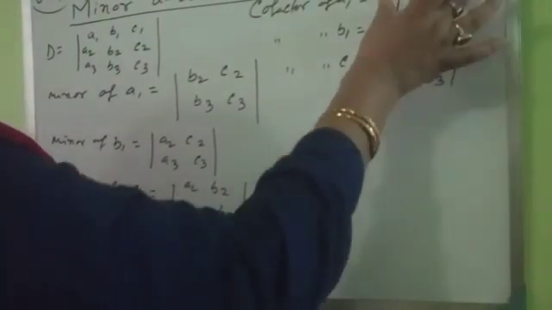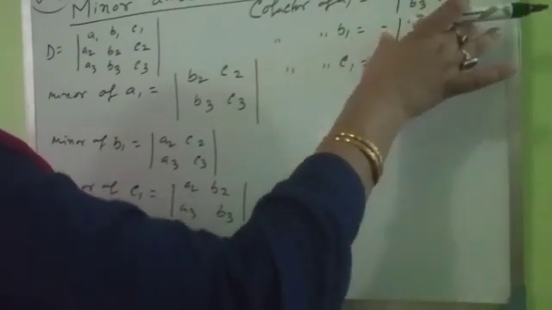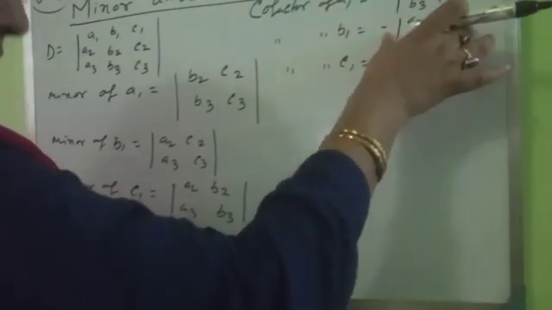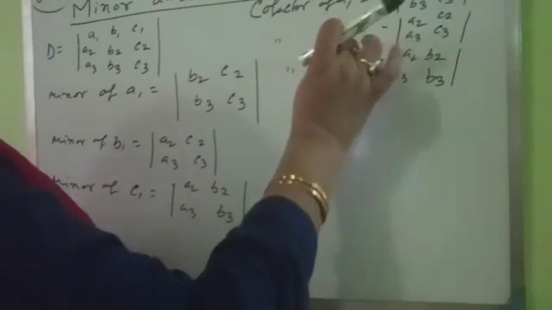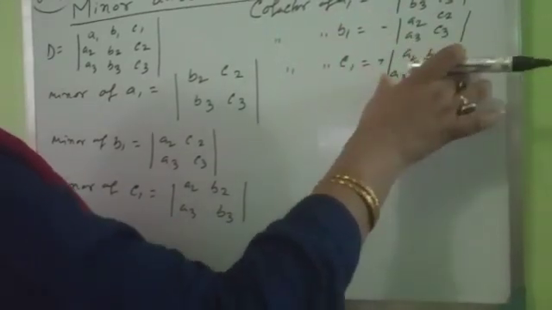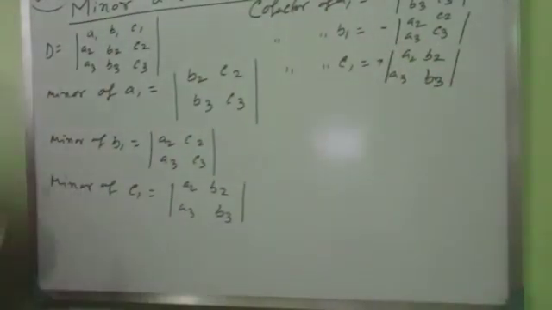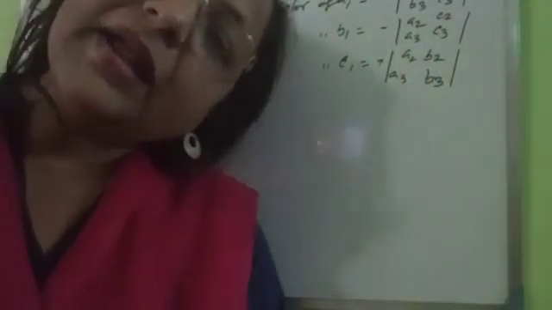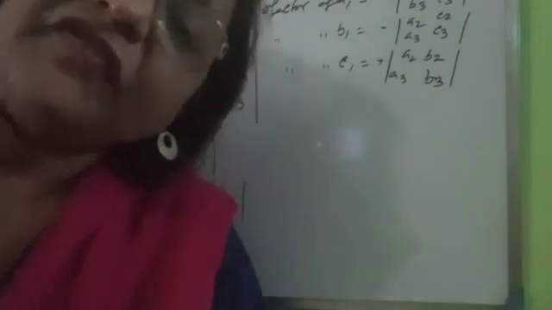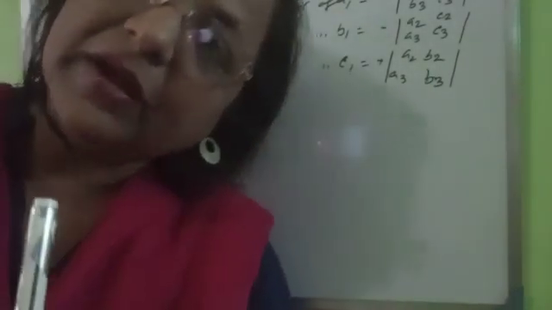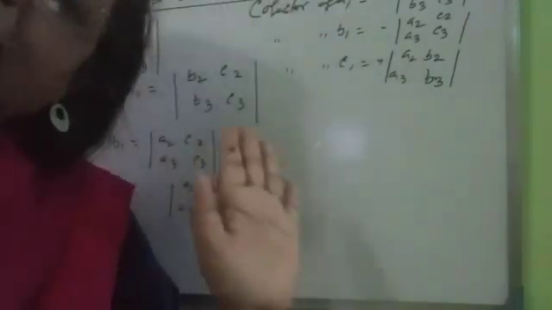So plus the minor of A1, minus the minor of the element B1, and plus the minor of C1. This shows the cofactor of each element. This is the minor and cofactor of each element.